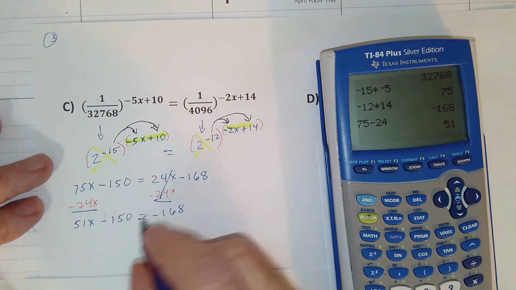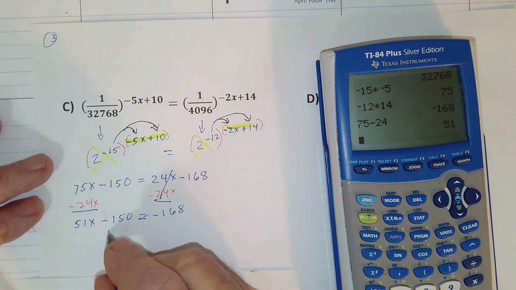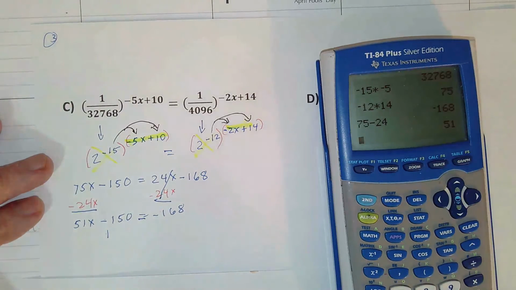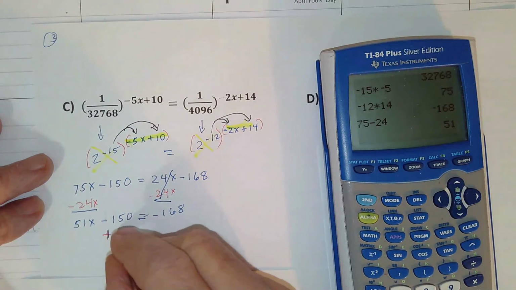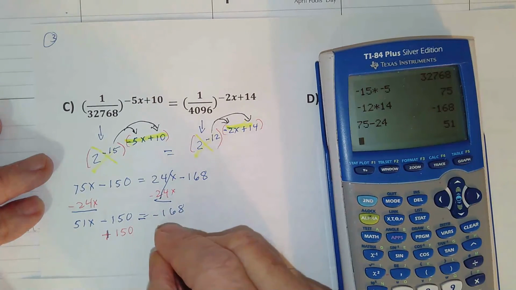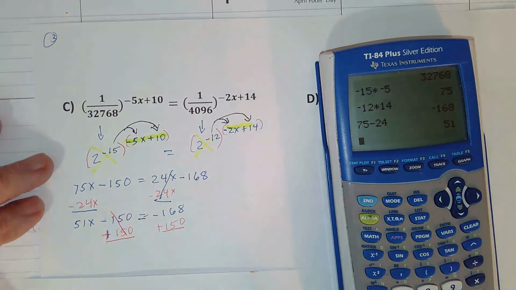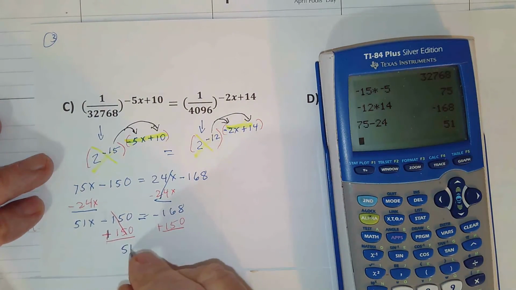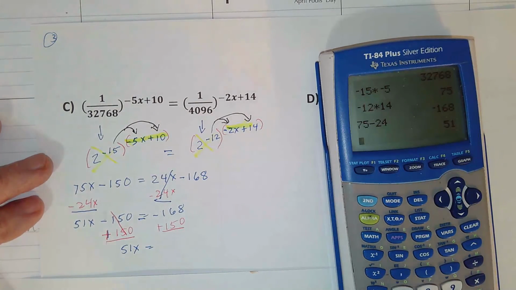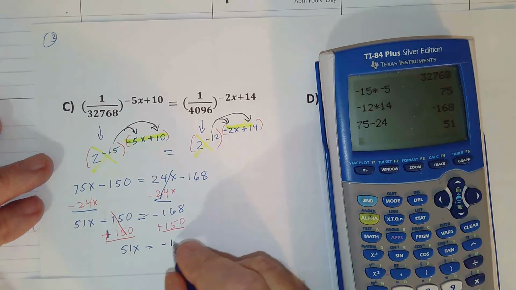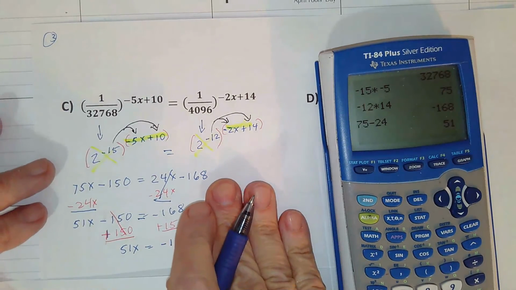So now we want to get the x by itself, so we're going to add 150 to both sides. And so we eliminate the negative 150 and the positive 150, and we get 51x equals, and negative 168 and 150, I think that's negative 18. Okay.